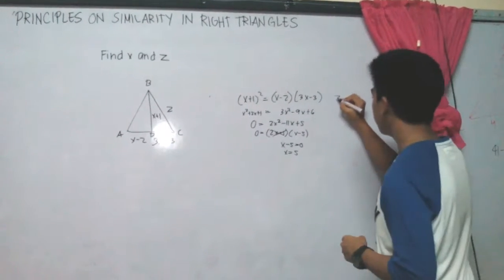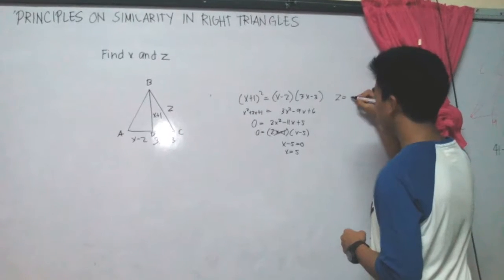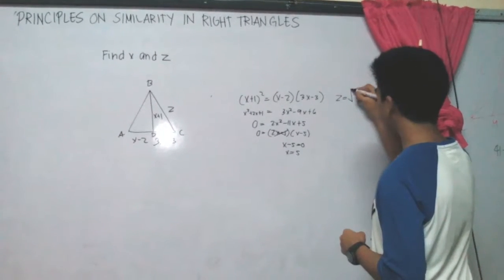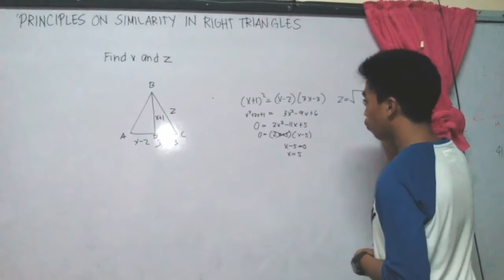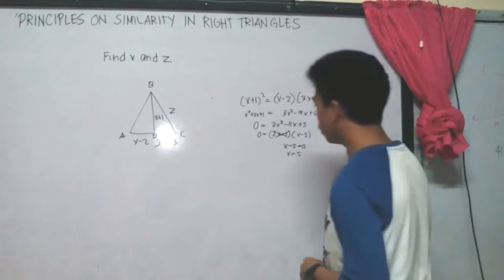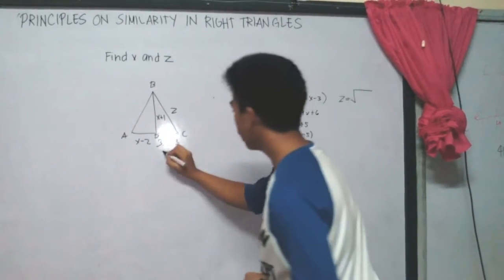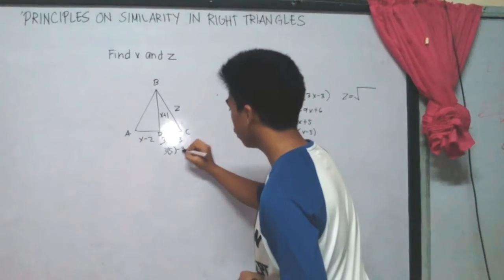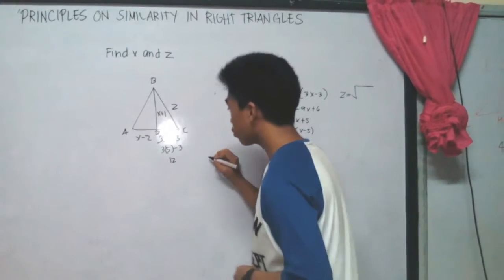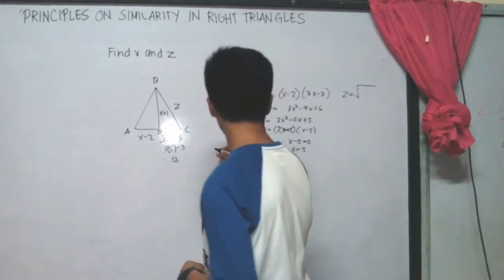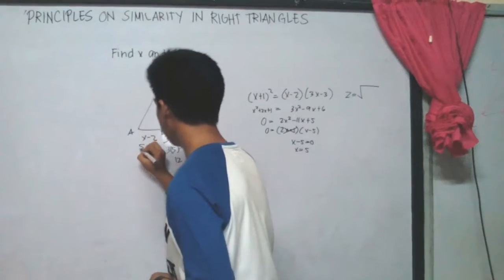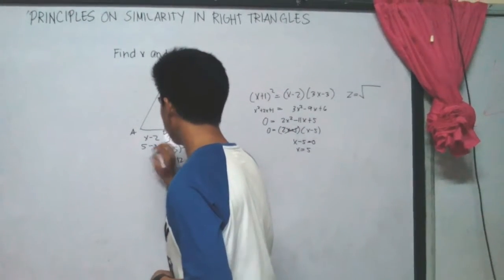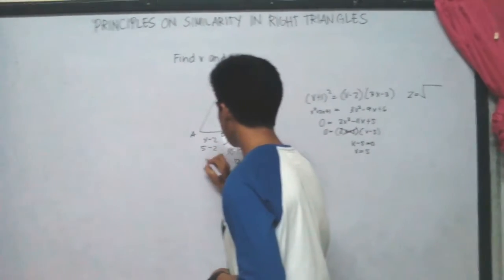So the equation will be z is equal to the square root of 3x minus 3, which is 3 times 5 minus 3, which is 12, times x minus 2, which is 5 minus 2, which is 3.